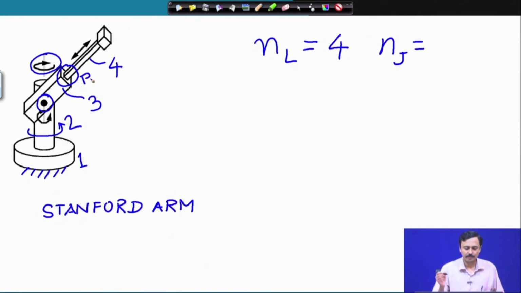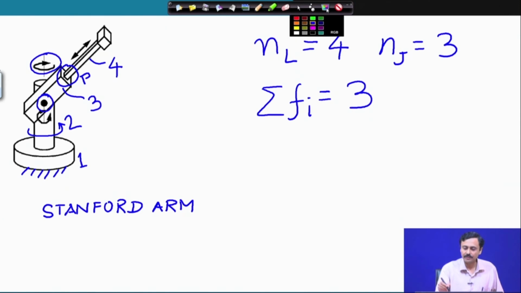So, number of joints is 3. Now, summation of degree of freedom of individual joints. They are revolute or prismatic, so they have individually 1 degree of freedom. So, 1 plus 1 plus 1, so 3.